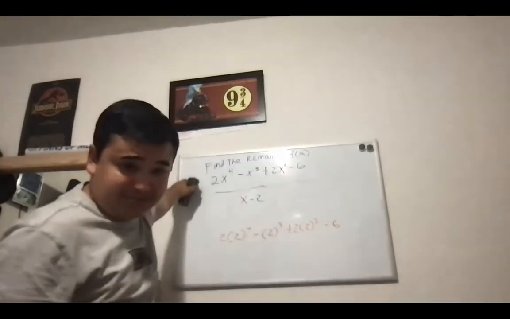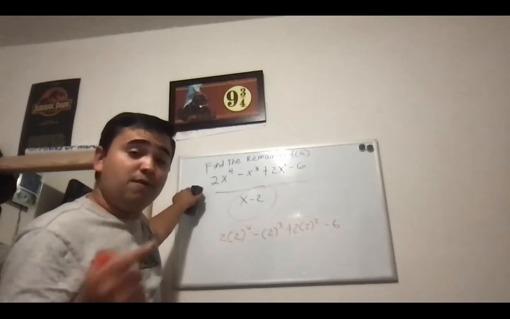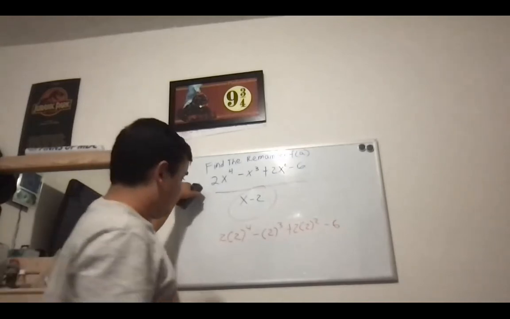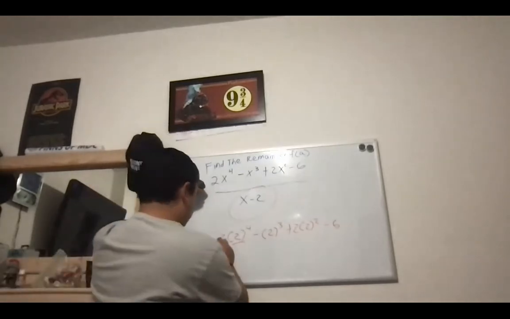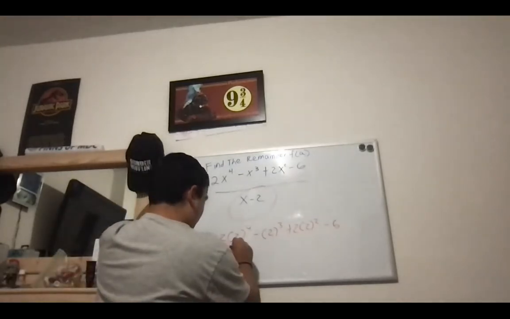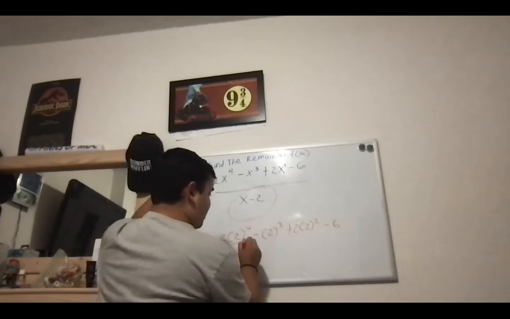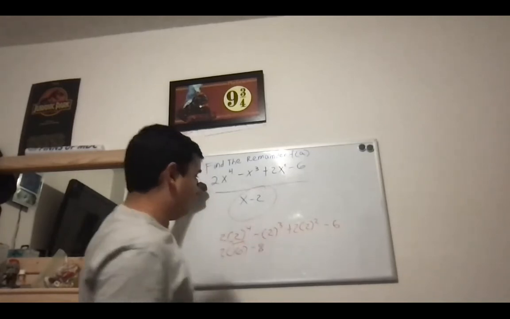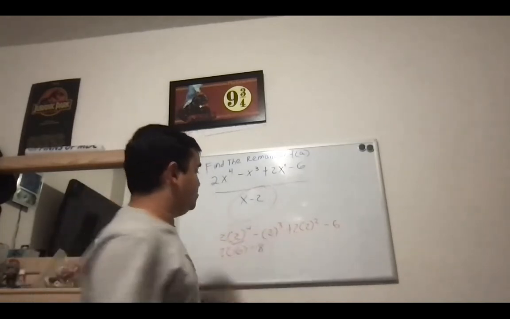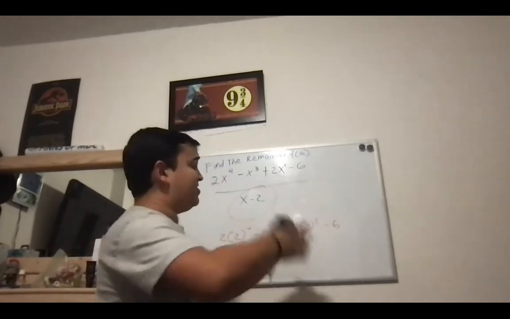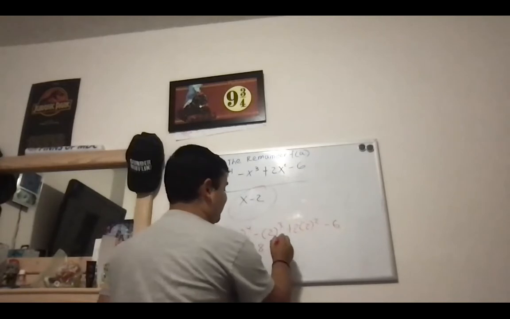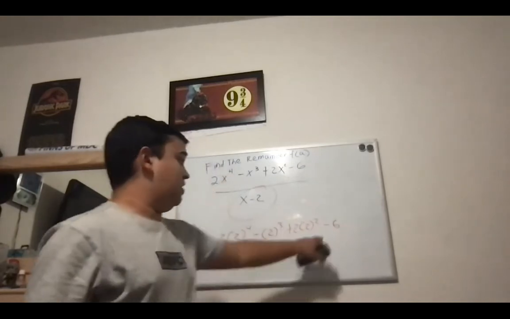Let's follow PEMDAS, please excuse my dear Aunt Sally, for all order of operations. 2 to the 4th is 16. 2 to the 3rd is 8, so that's minus 8. Plus 2 times 2 squared. 2 squared is 4 times 2 is 8. And then we have the minus 6.